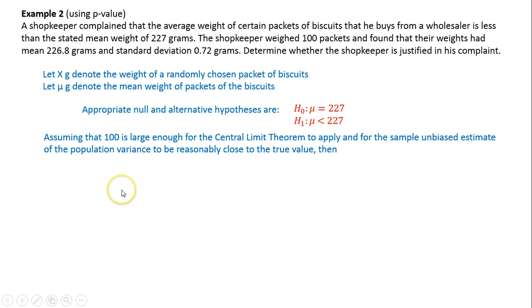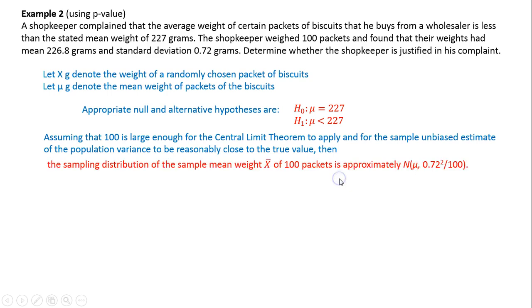Assuming that 100 is large enough for the central limit theorem to apply, and the sample unbiased estimate of the population variance is reasonably close to the true value, then the sampling distribution of the mean weight X bar of 100 packets is approximately normally distributed with mean mu and variance 0.72 squared over 100.